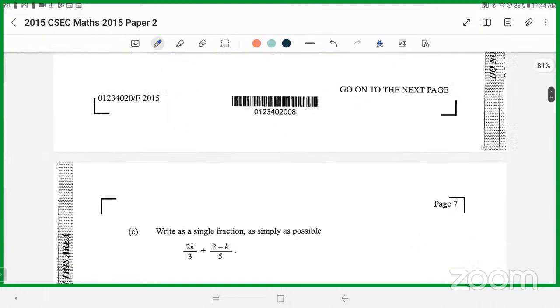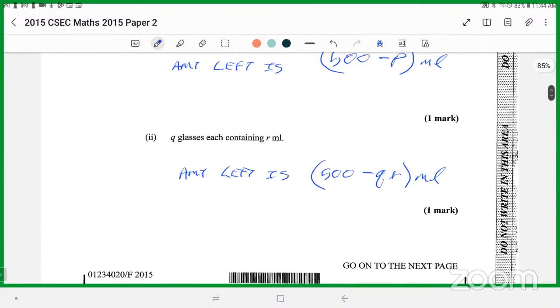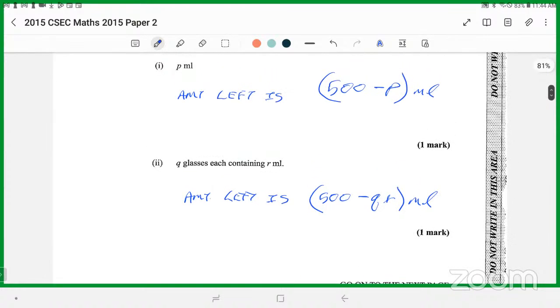For the first one, some students mix up the P with something else, when they think they have to come up with a value for the amount poured out. Well, no, you understand the mistake. This is the answer. There's no other answer.